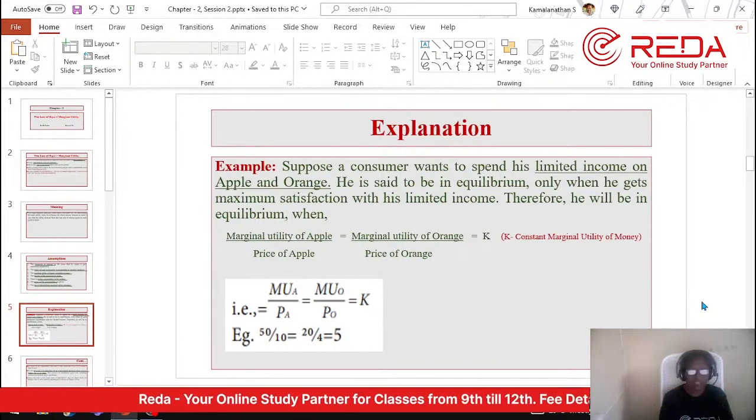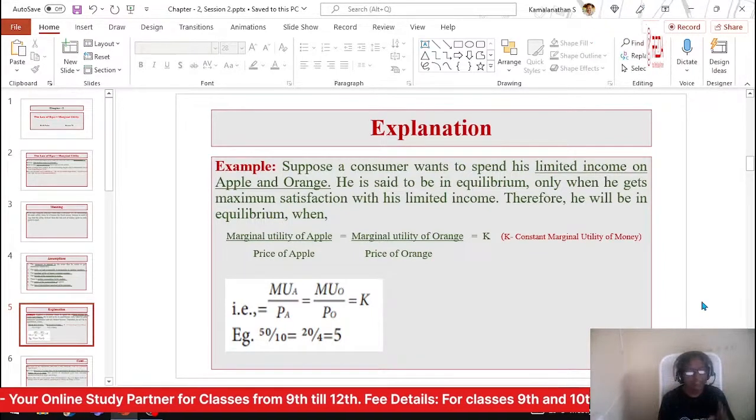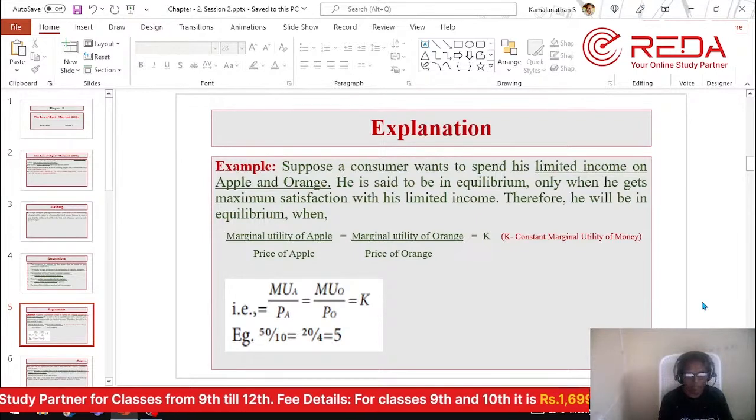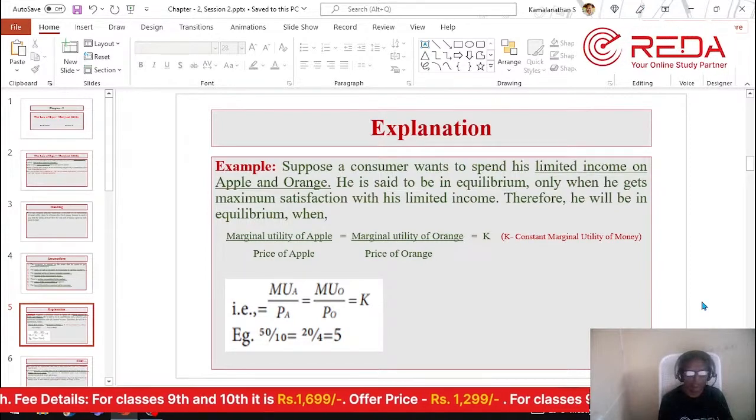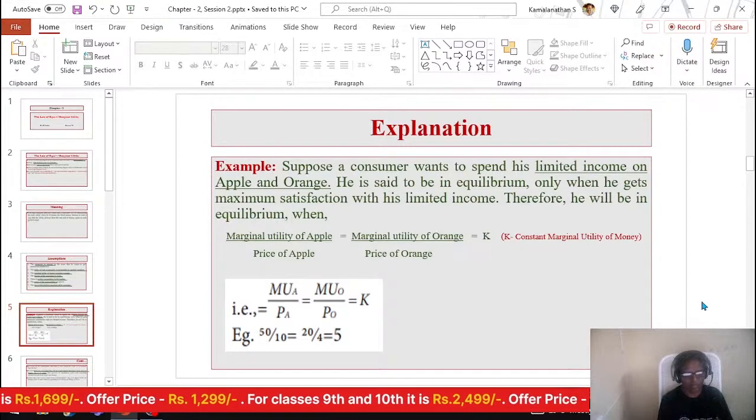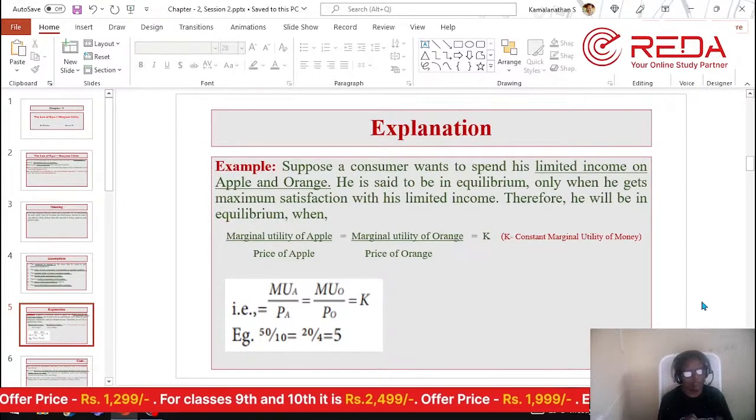Yes, it is possible. It was said by Marshall, when the marginal utility of apple is equal to the marginal utility of oranges. The few quantity of apple consumed will be equal to the few quantity of oranges.